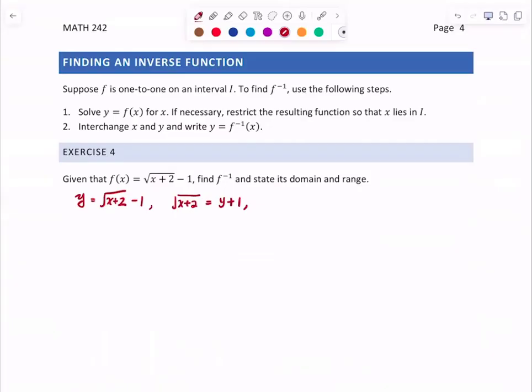And then we square both sides. So we get x plus 2 is (y plus 1) quantity squared. And then solve for x, subtract 2 on both sides.